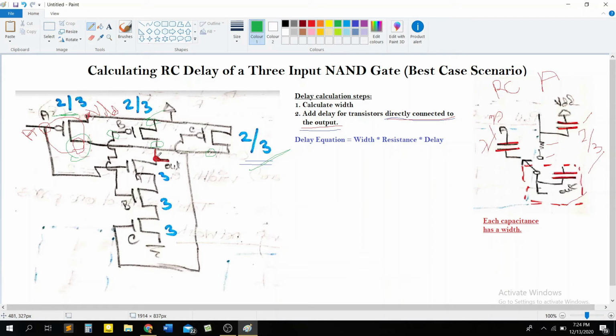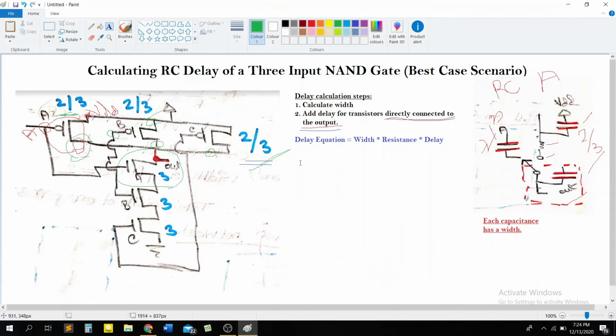And now, directly connected to this output, we have these three PMOSes. And for each of them, we have a 2x3 width because only one capacitor is included. And you'll also notice that we also have this NMOS connected to the output.